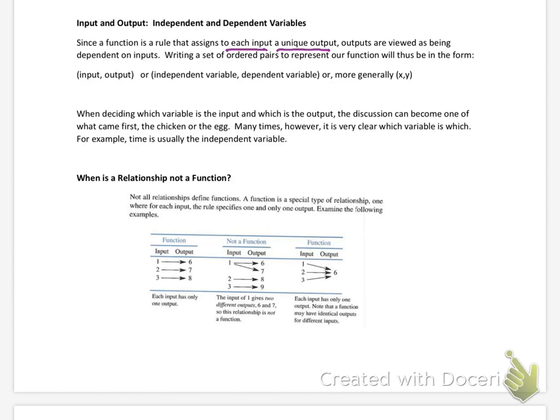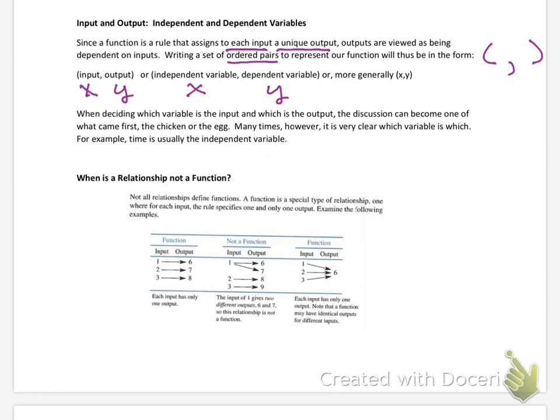Writing a set of ordered pairs, you'll generally have an input first, that will be your x. Output is y. Your independent variable is your x, and your dependent variable is your y. And this is the generic xy.